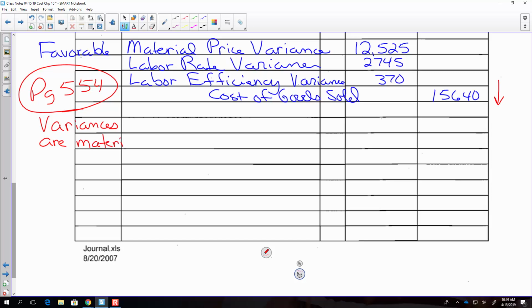In other words, if the variances are large. If they're large, we're going to prorate the variance. Prorate the variance across what accounts? That's the question.